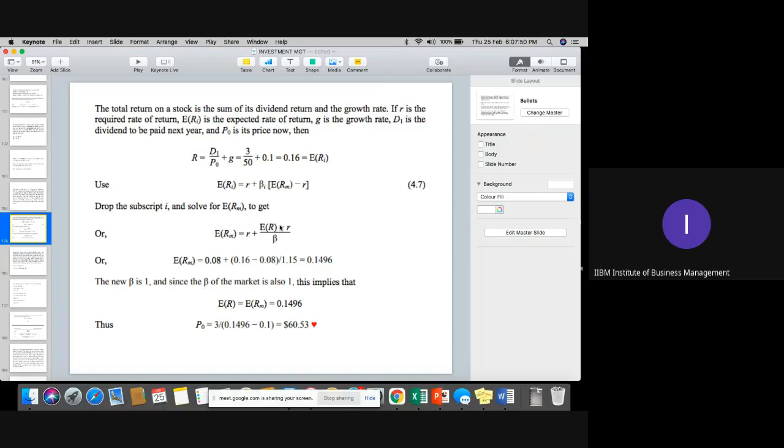See, go step by step. First of all, go for calculation of expected return, that is ER, that is D1 upon P0 plus growth rate. D1 is 3, P0 is 50, growth rate is 10%.